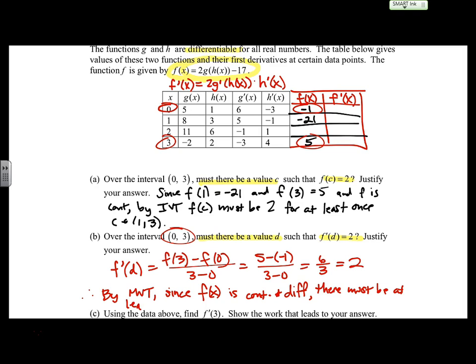And guys, you can totally steal their wording to make you sound smart. At least one D within 0 to 3 such that f prime of D equals 2. I already showed that above with my average value.